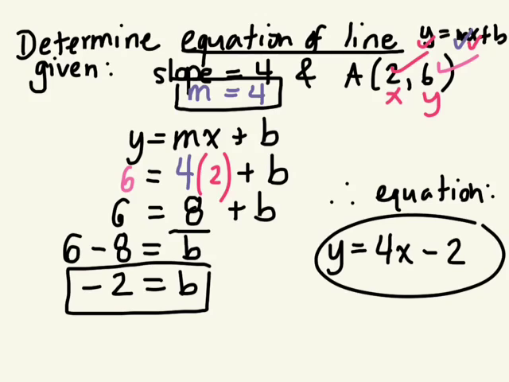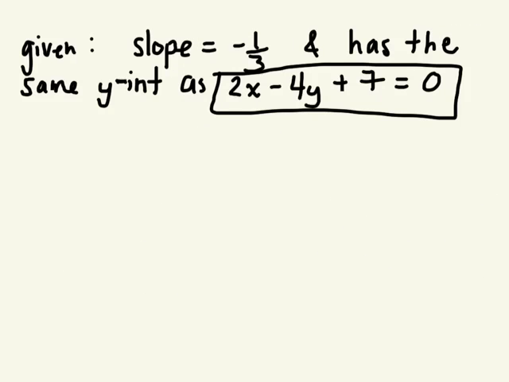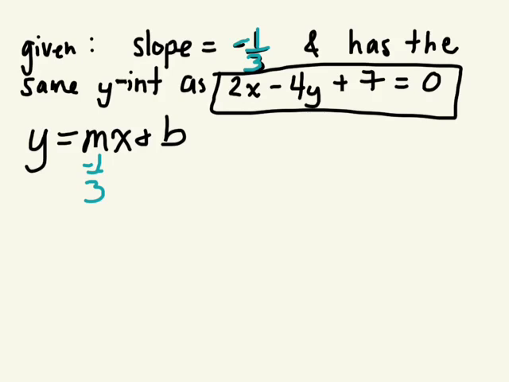Okay, all you need to do is come up with the equation of the line. In this question, you're given the slope. I know that the slope is negative 1 over 3, and I know that it has the same y-intercept.